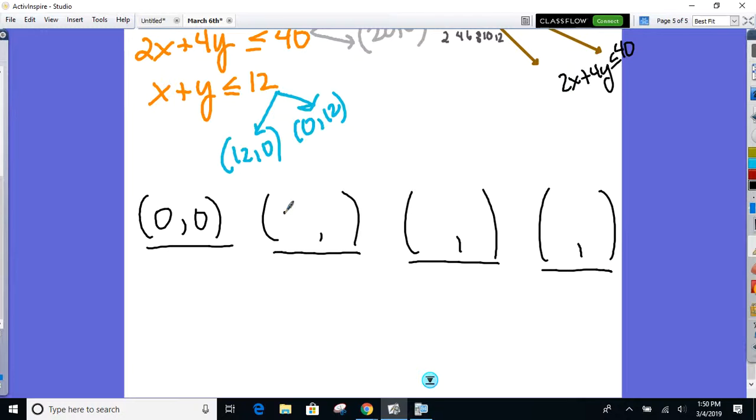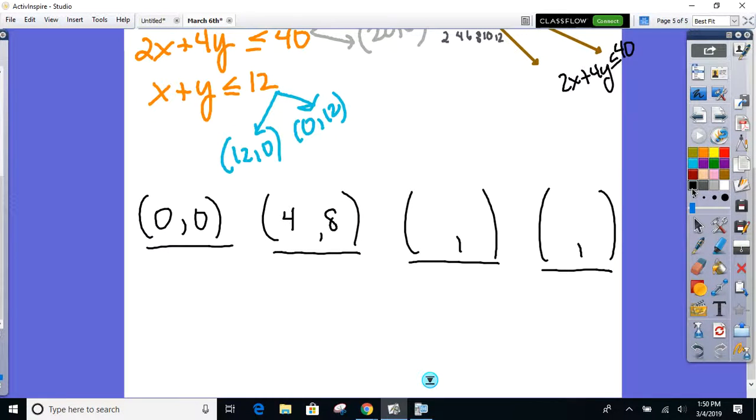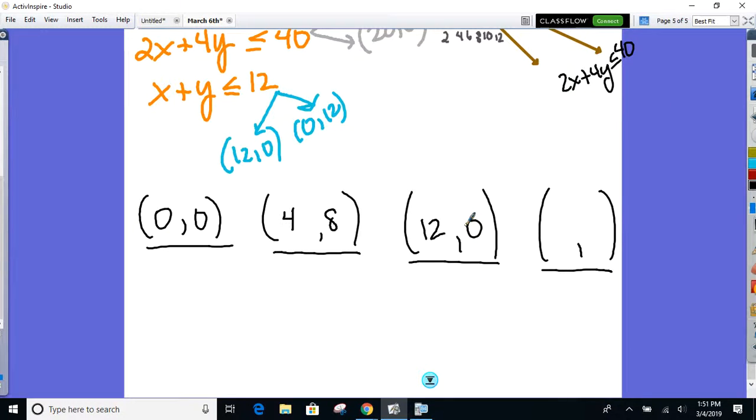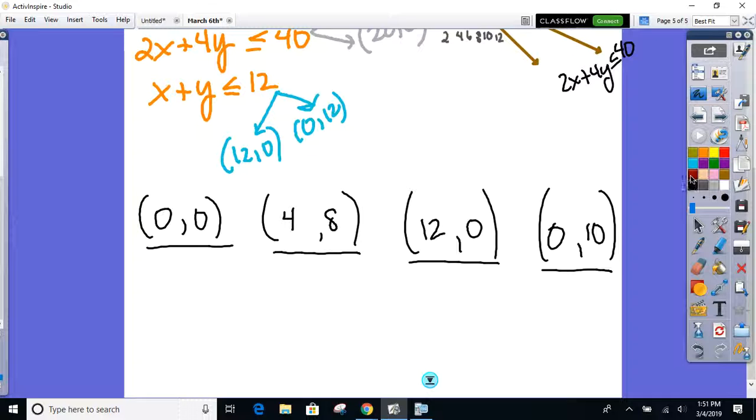Notice how I politely just waited until you caught your mistake instead of being like, 3, you kidding me? 3? I think that's a 4. Nope, but took the high road. 4, 8. 12, 0. 0, 10. All right. How many of each produce a max?